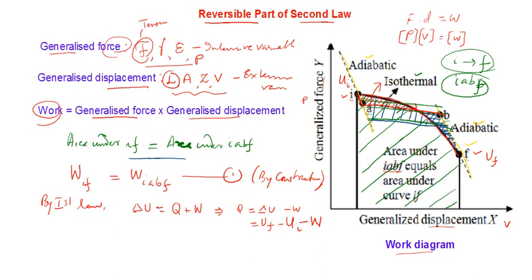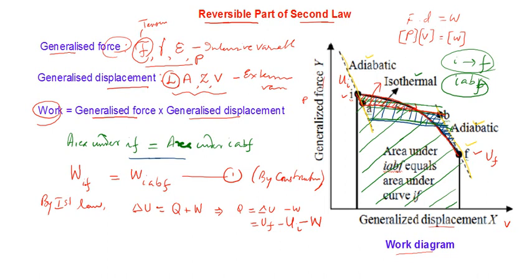Now let me apply the first law of thermodynamics to these two paths separately, because work is involved. Heat and work are in general path functions, but internal energy is a state function, as we have already defined.